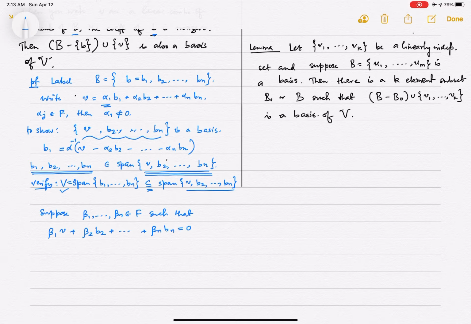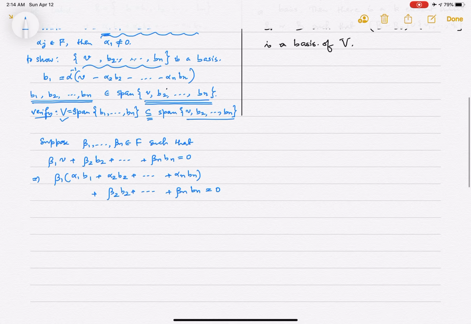I want to show that all the coefficients, beta 1, beta 2, ..., beta n, are all 0. What do you do? Well, you just substitute the expression for V. This implies beta 1 times (alpha 1 B1 plus alpha 2 B2 plus ... plus alpha n Bn) plus beta 2 B2 plus ... plus beta n Bn is 0.